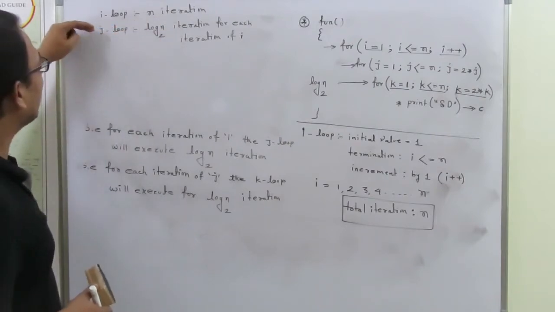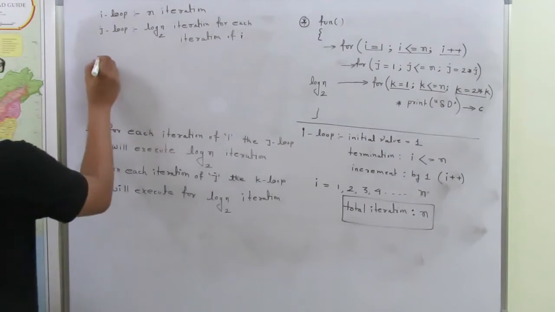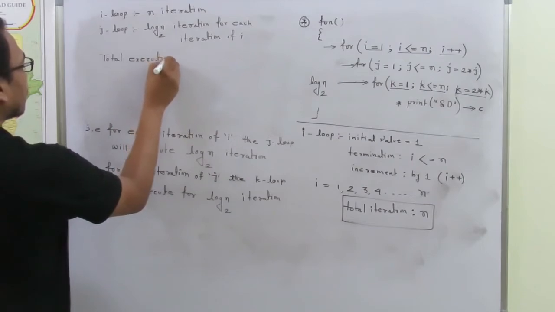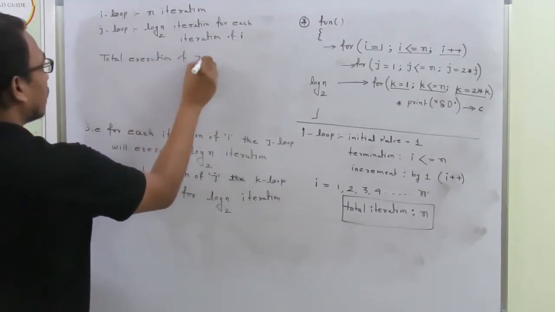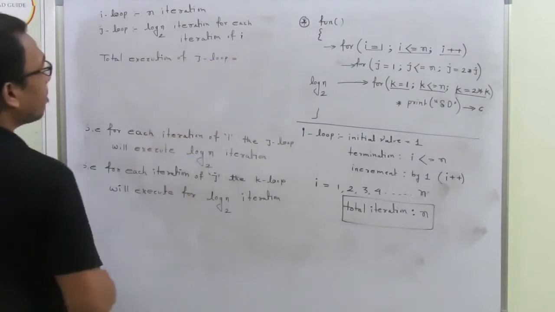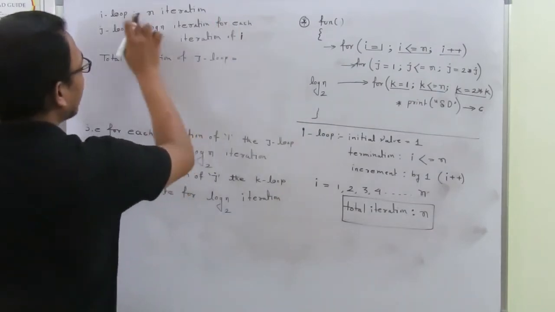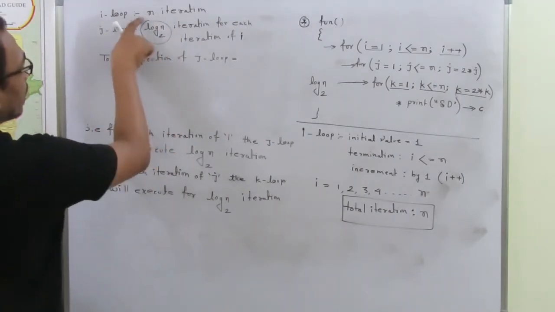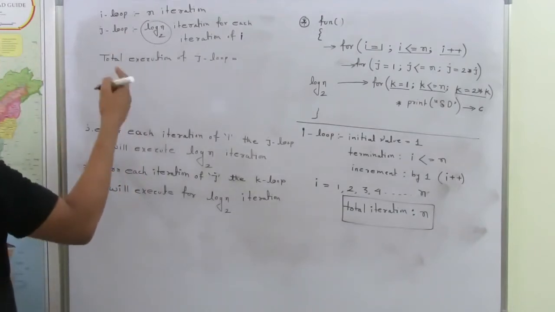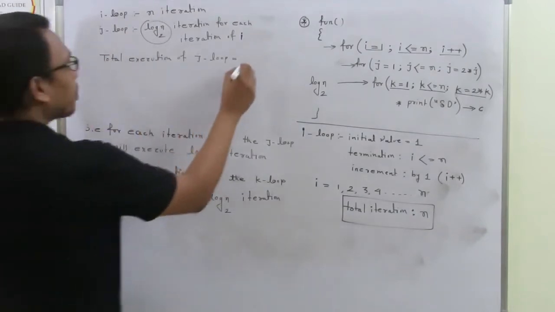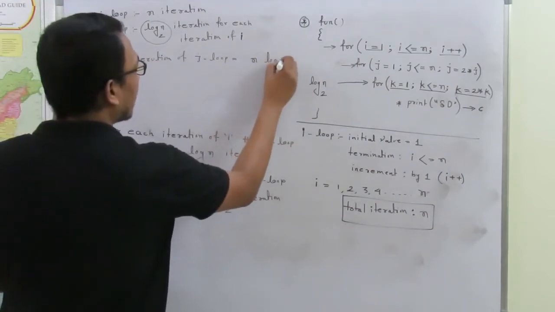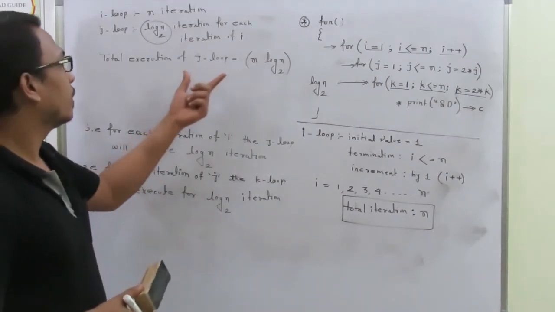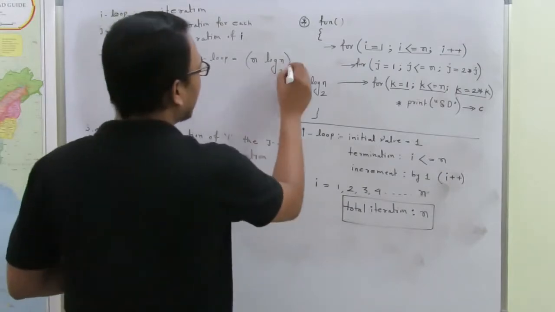That means how many times will the j loop execute in total? For each of these i iterations, the j loop will execute log n base 2 times. That means total iterations in the j loop will be n log n base 2. Total execution of the j loop will be this many iterations.